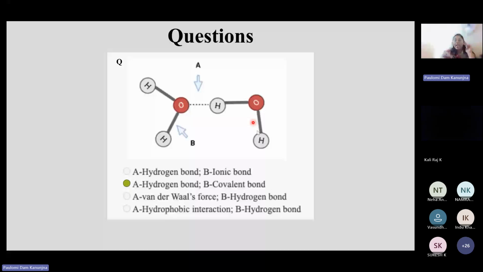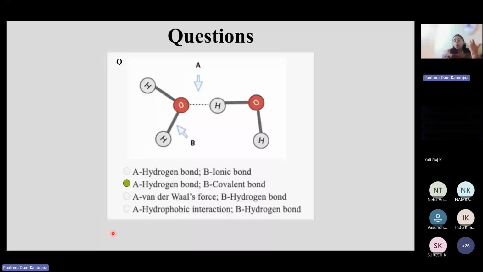And the second one, which is basically this bond here, is a bond between O and H in the same water molecule. So when it is in the same water molecule, it is a polar covalent bond. Why?